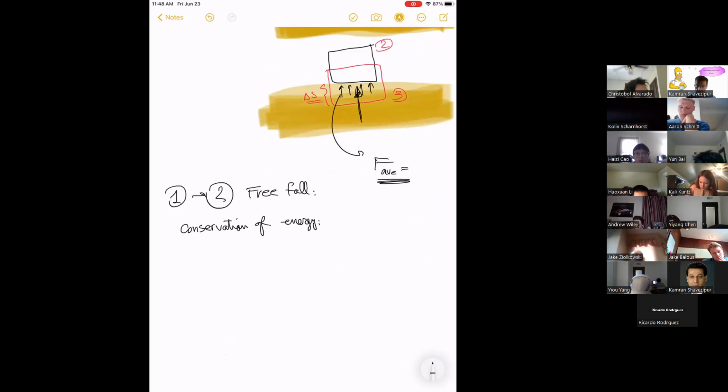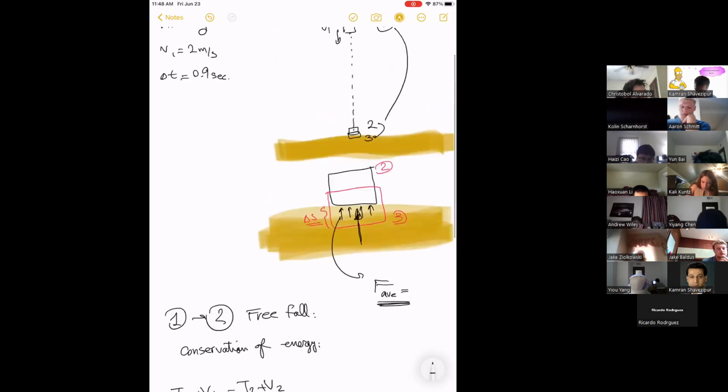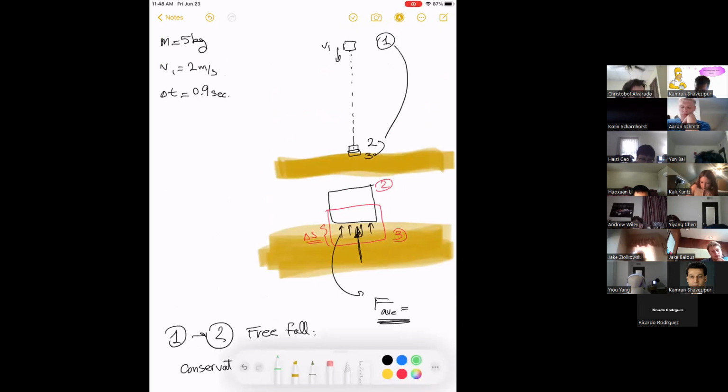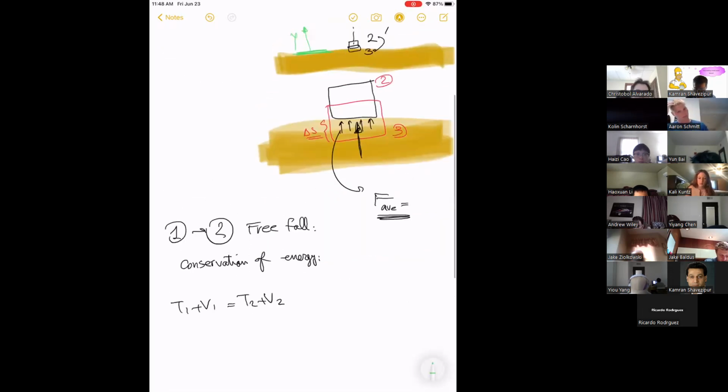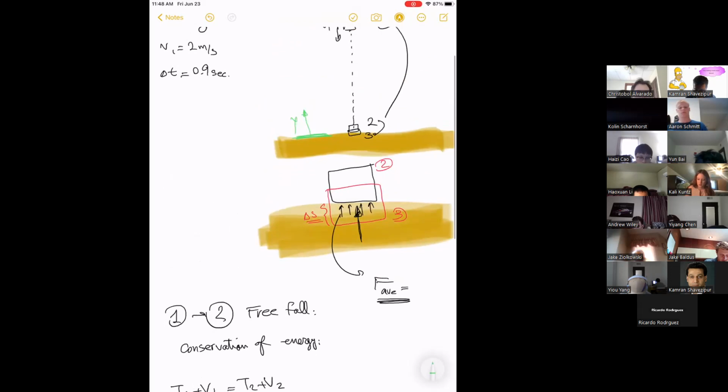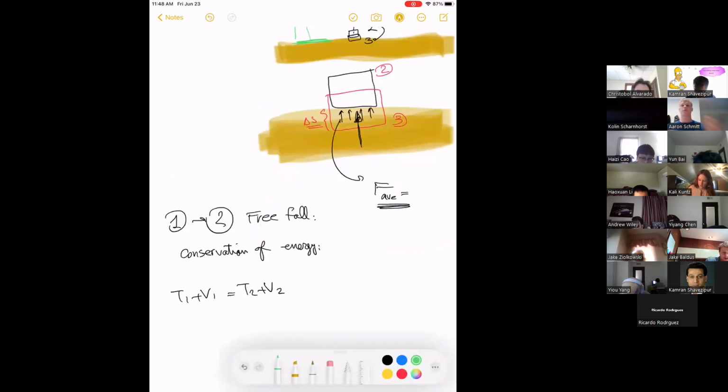Okay? Which means T1 plus V1 equals T2 plus V2. Now, I will consider this level for Y, from the surface of the sandy ground up. If that's the case, then I'm not going to write them separately.